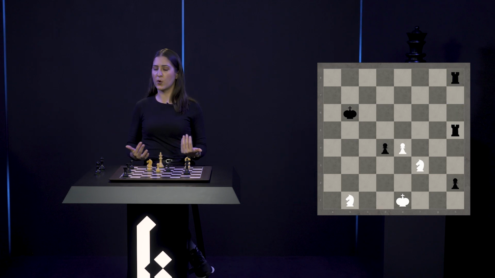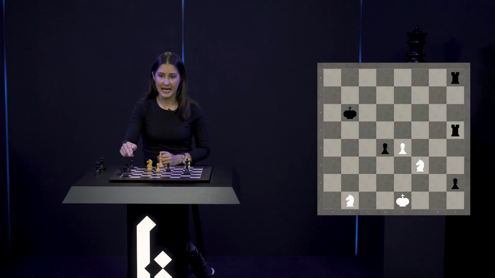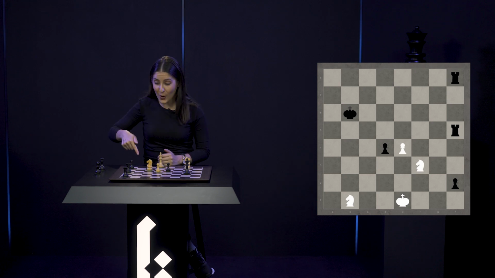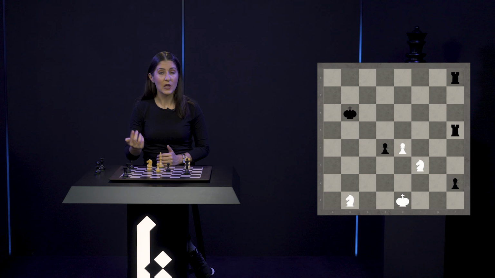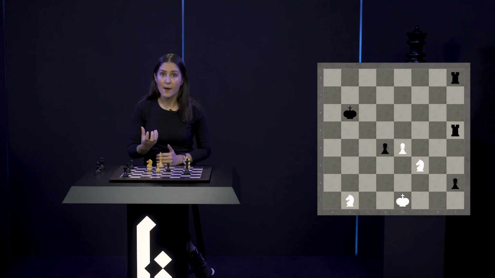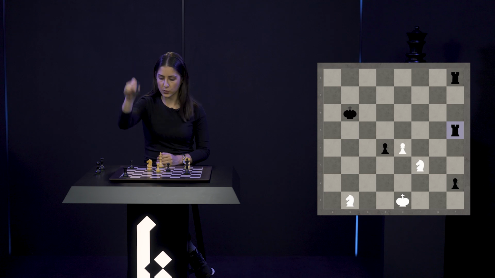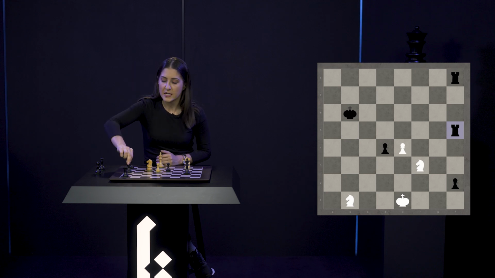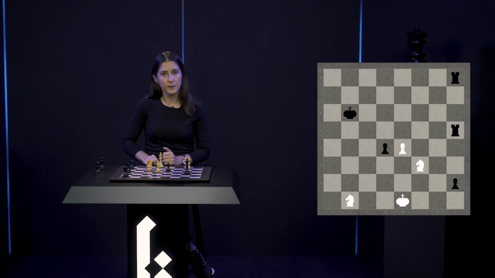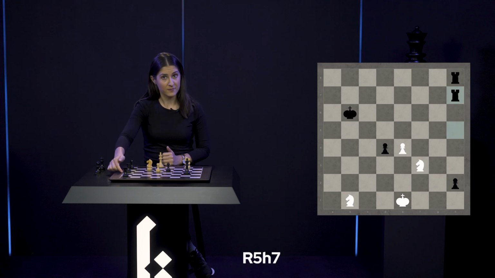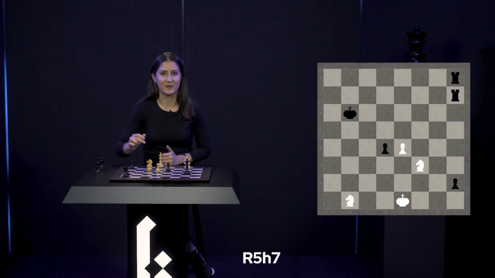So which rook is moving? In this case, as the two rooks are both on the H file, you need to indicate the number of the rank where the rook that is moving is starting from. So let's say that this rook from H5 is moving to H7. You will write rook, 5, and then H7.